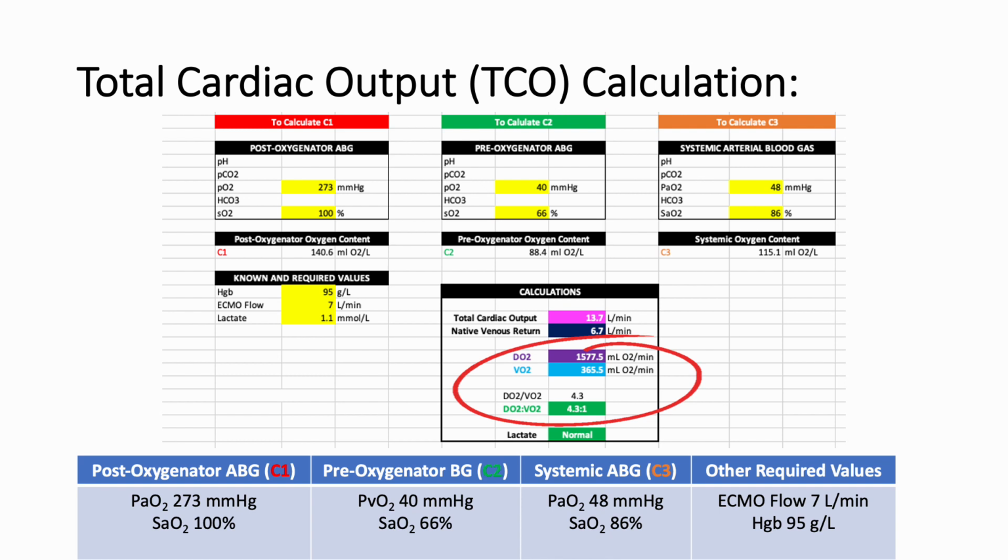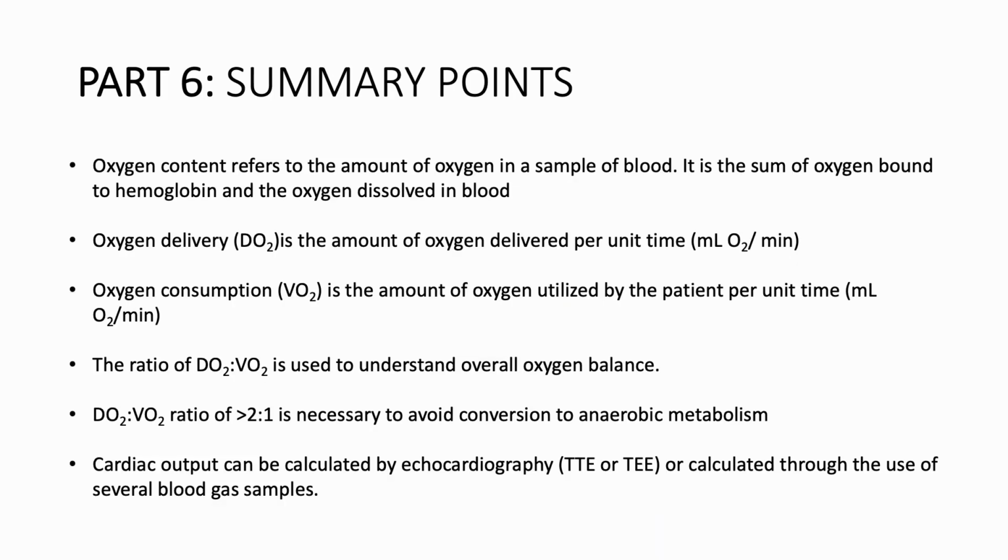Also automatically calculated are the DO2, VO2, and the DO2 to VO2 ratio found here. So DO2 in purple, VO2 in light blue, and the interpretation of the ratio in the green cell there. As we can see, the DO2 to VO2 ratio is 4.3 to 1, which is acceptable and close to what would be generally considered to be normal.